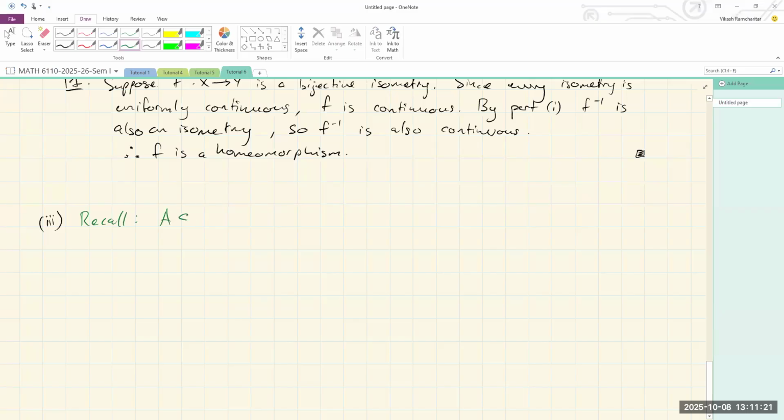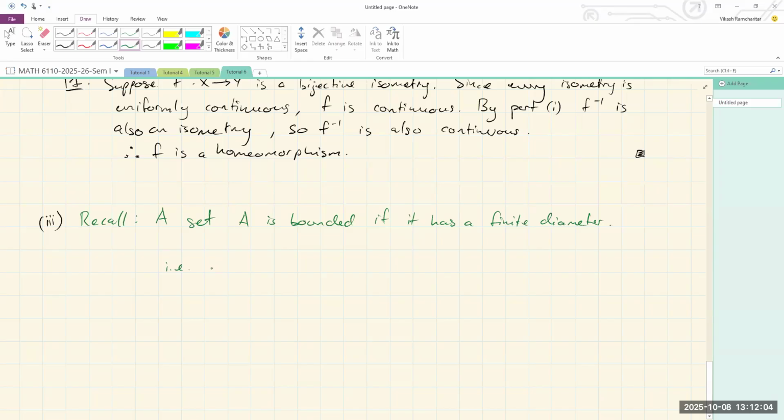A set A is bounded if it has a finite diameter. Remember what the diameter is.